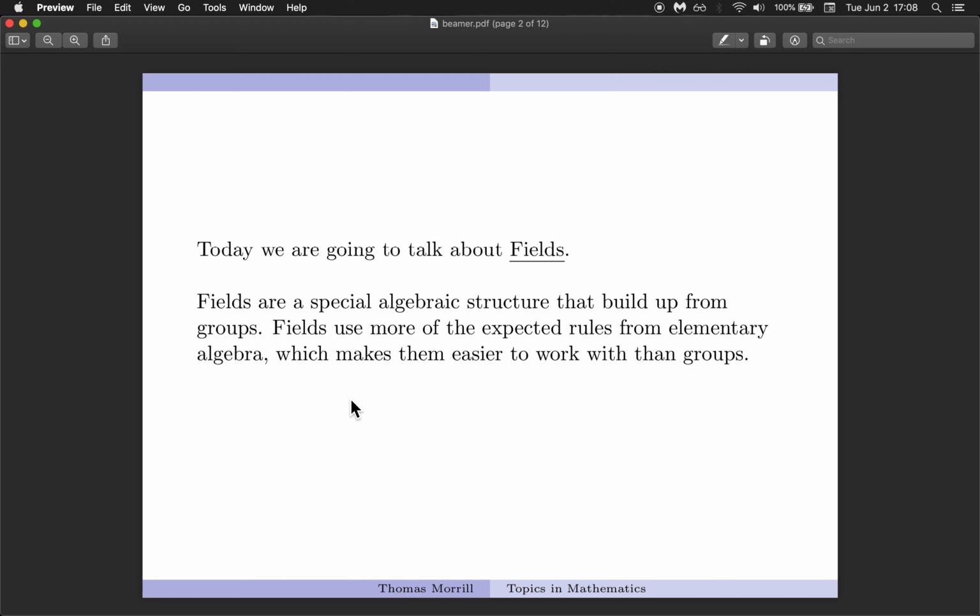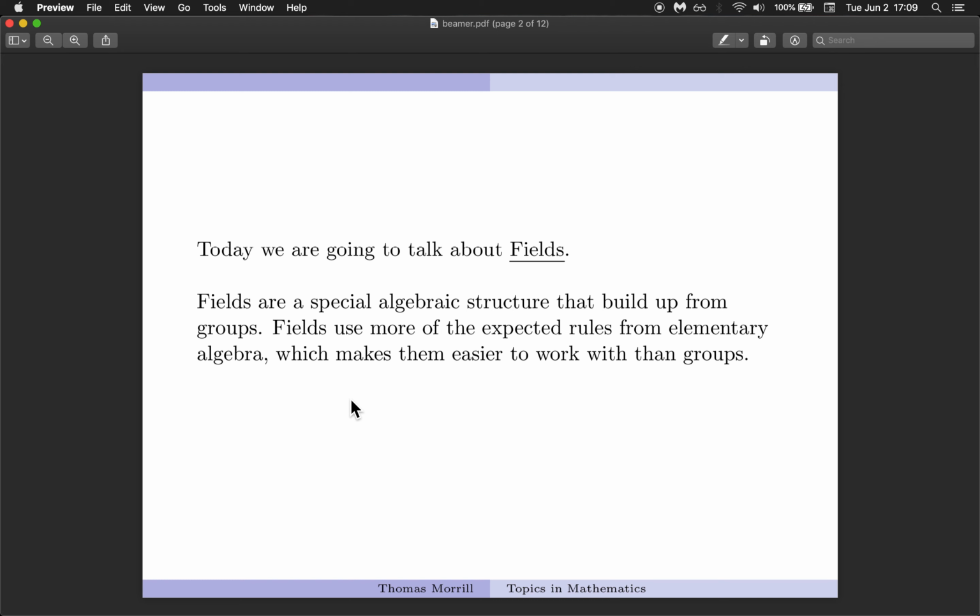And the rules for fields are built up from the same rules that we saw working with abstract groups. Now, the way that these things tend to play out in modern algebra is that the more rules we impose, the more it looks like regular old algebra with the real numbers.